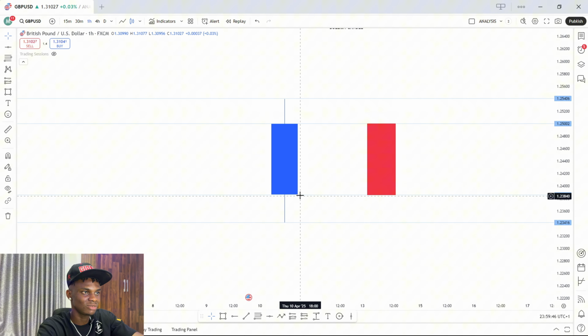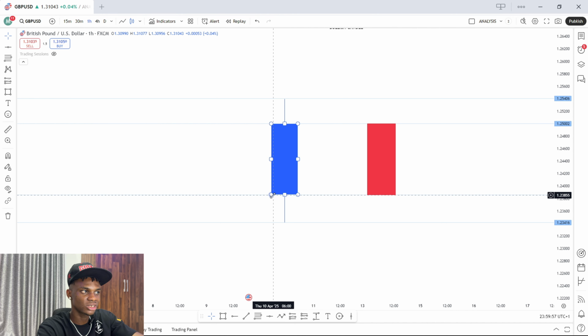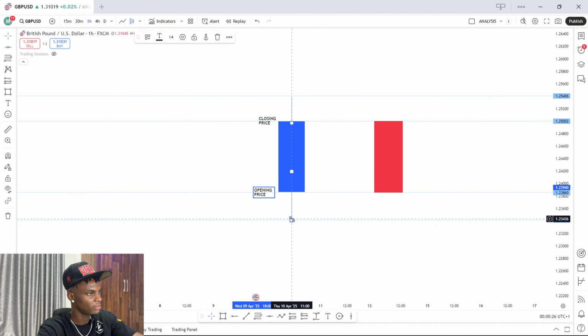It means the opening price was at this bottom. It opened here, went below, then came back up, touched this price, then rejected back and closed on this price. So the opening price was this point and the closing price was this point. It opened here, went below, created a wick, came back up, created a wick above, then still closed at this point.